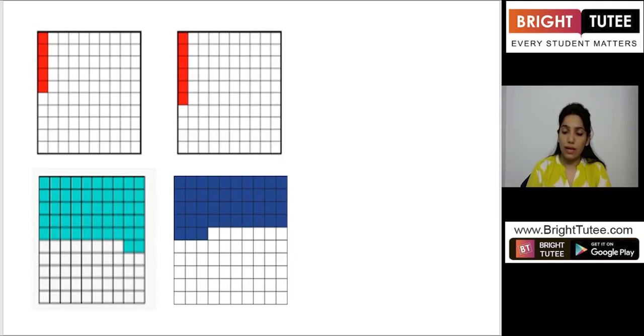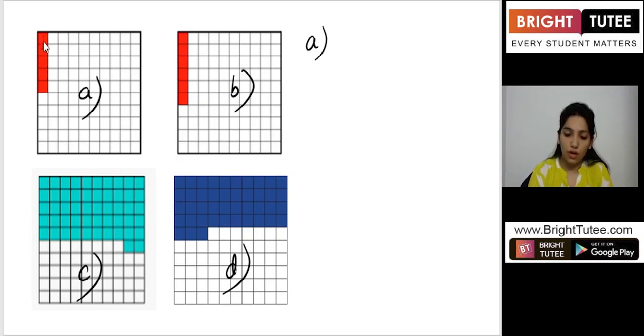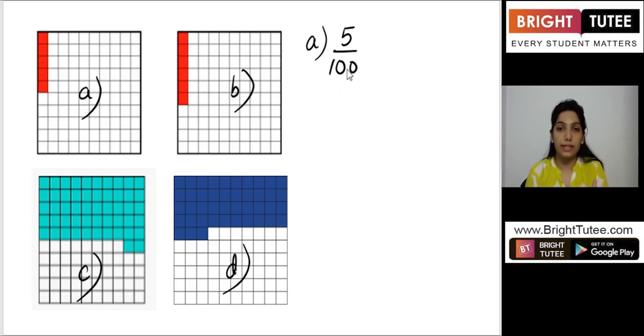Now some more. Let's name these as A, B, C and D. Okay. So let us work for A part. In the A part, out of 100, how many do you see shaded? 1, 2, 3, 4 and 5. So it is 5 out of 100. We read it as 5 hundredths.